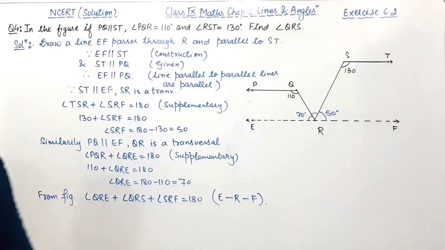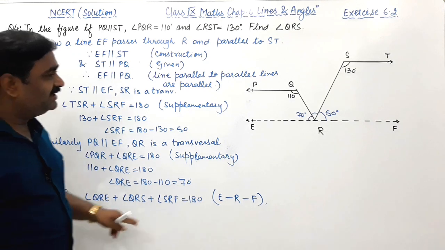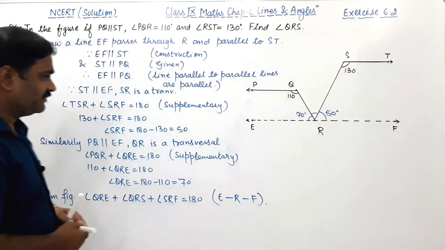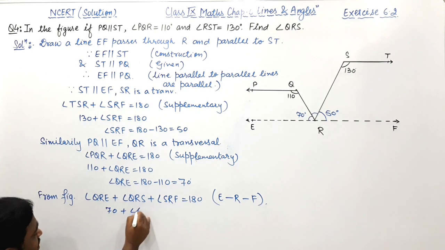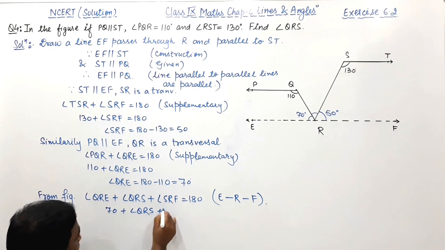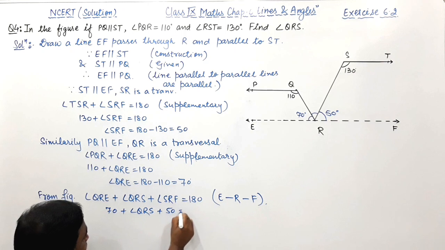So QRE equals 70 degrees plus QRS, which you are going to find, plus SRF is 50 degrees, equals 180.